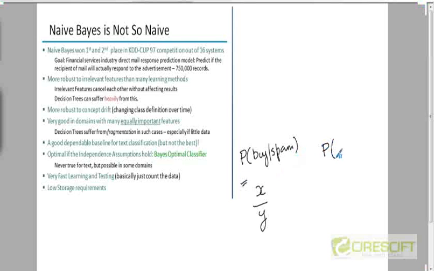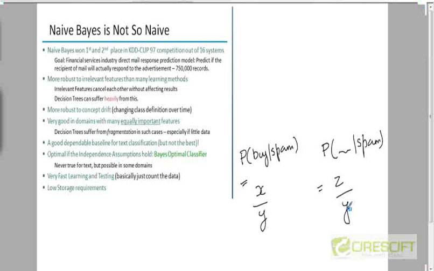Then the claim is that for the probability of any other word given spam, the numerator will be different because the number of times this word appears in the documents that are marked as spam could be different from x. It could be less than x, it could be more than x. But the denominator will have to be the same, because what is the denominator? The denominator is the total number of documents in the spam class that you see in the training phase, right?